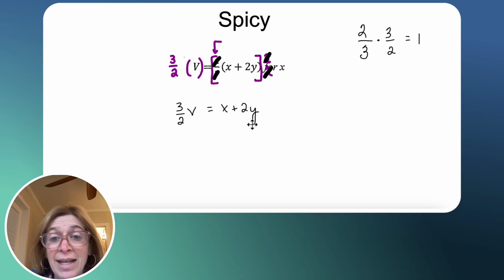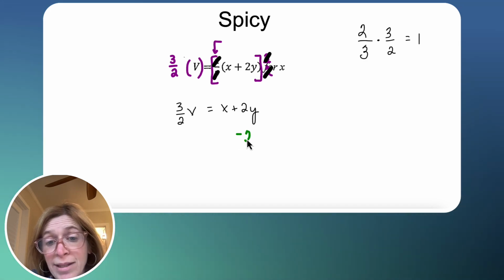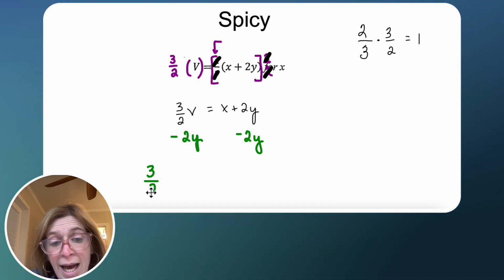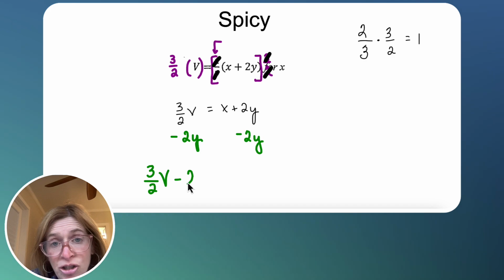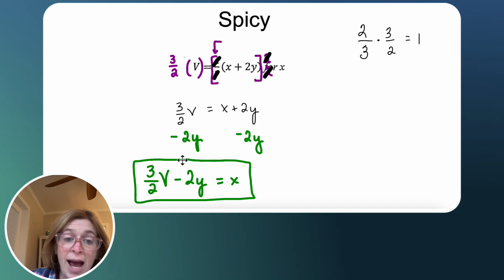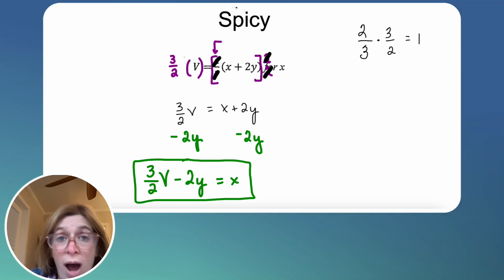All right, so now I'm solving for x. So all I have to do is subtract 2y from both sides. Now remember, they're not like terms. That's leaving me with 3/2 v minus 2y equals x. And that's my literal equation. I've solved for x in terms of v and y.